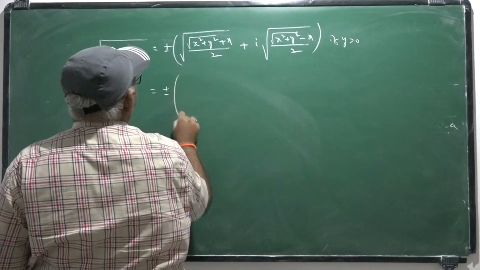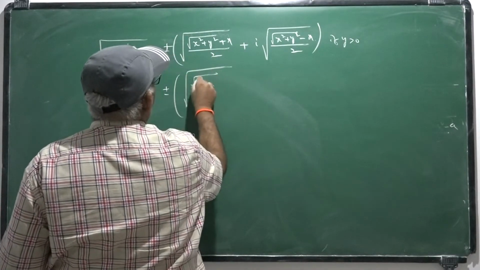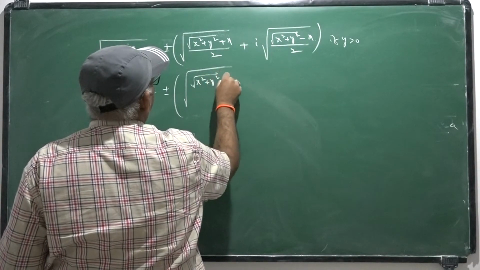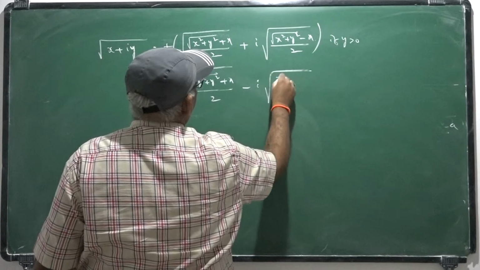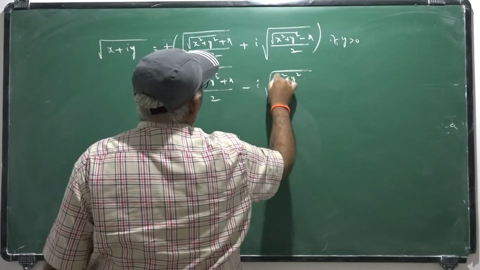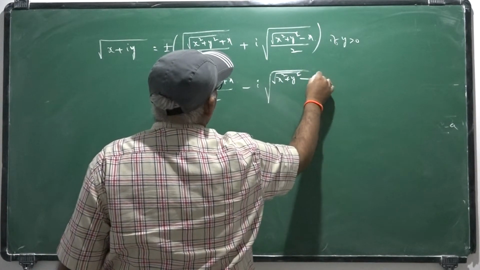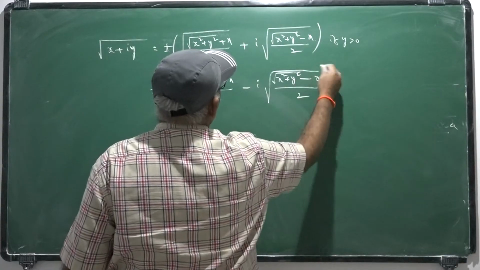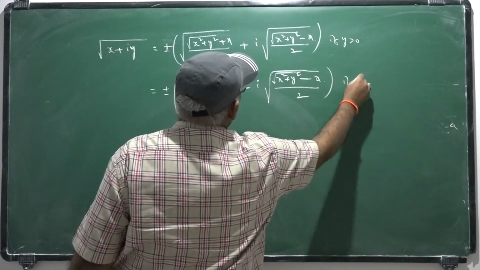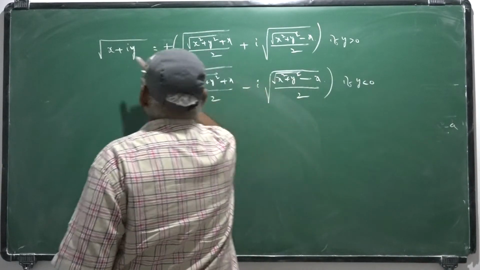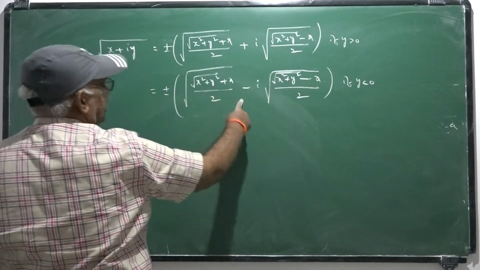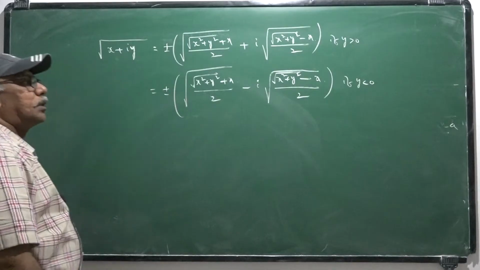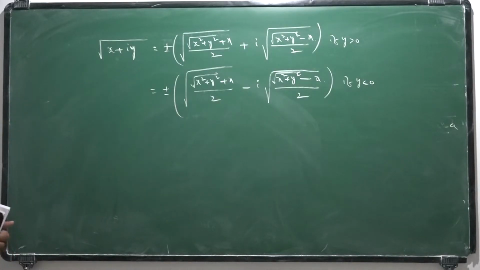In case of y negative, it is root over x square plus y square plus x by 2 minus i into square root of (x square plus y square minus x) by 2. Once y is positive, we take positive; when negative, we take negative. That is the square root of the complex number.